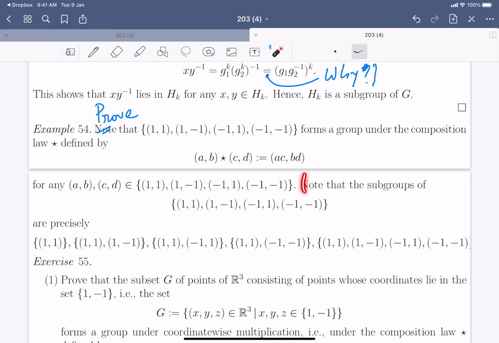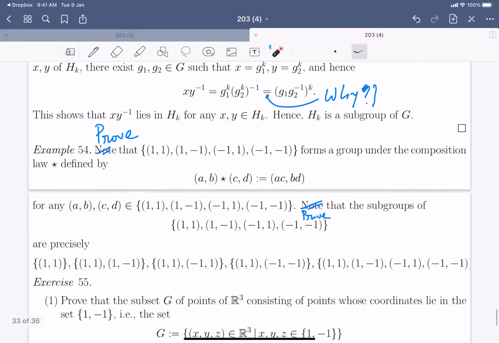And then, again, let me try to edit a bit. So prove that the subgroups of this group that we have met just here are precisely all these. This is not too difficult, but it is a good exercise to make ourselves comfortable and familiar with the notion of a subgroup.